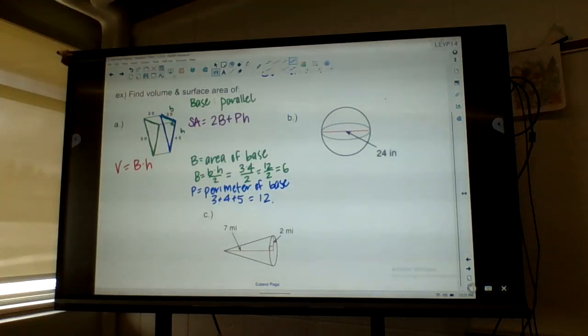That's P. And then our height is how tall the shape is if it's sitting on its base. So again, picture yourself tipping this over. What's the height going to be? It's going to be this 3. Picture it tipping down onto the base. That would be the height.